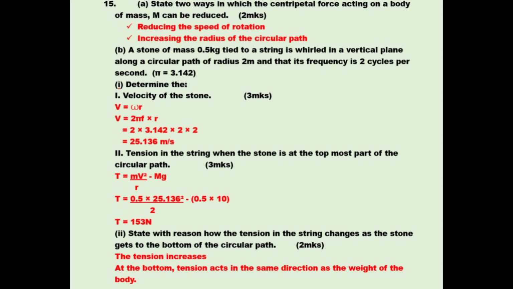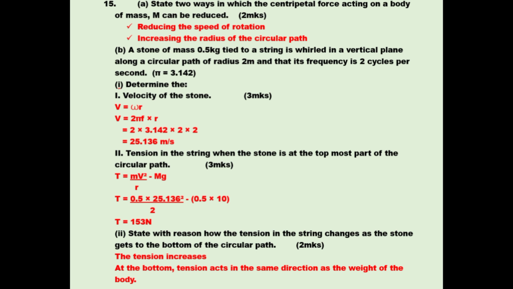Let's go to question 15a. State 2 ways in which the centripetal force acting on a body of mass m can be reduced. We know centripetal force F is given by mv squared over r. That means factors.